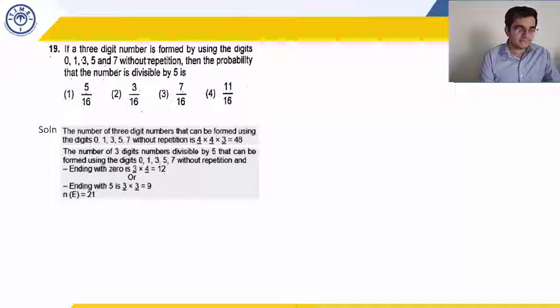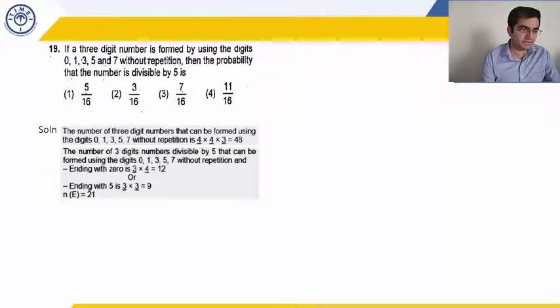And now if you have the third digit ending with 5, I'm sorry, if the third place, that's the units place, is 5, then you have 4 digits remaining. Attack the restriction first. In the first place, the hundreds place, 0 cannot come.